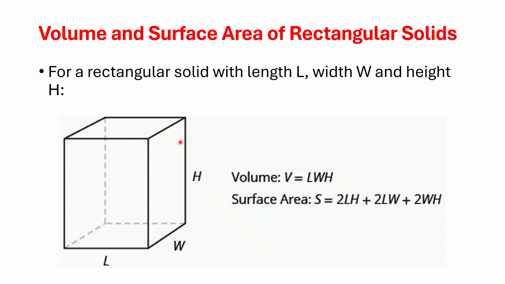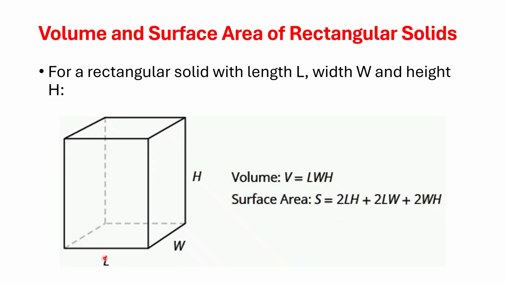This is the area of the right side. Then on the left side, we have HW also, because this height is the same as this height and the width here is the same as this width. So that's why this surface area is the same as this one, and we have 2 HW, because there are 2 of them.